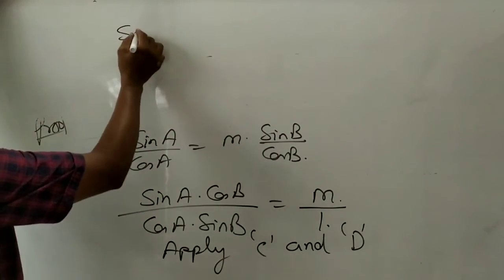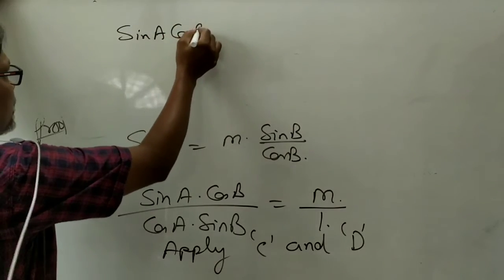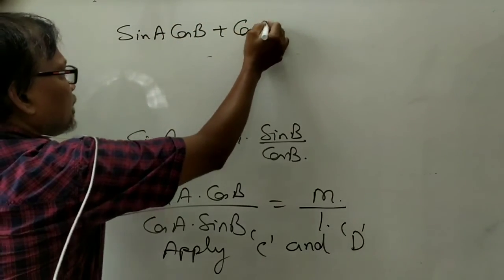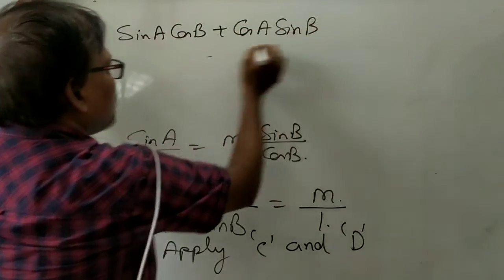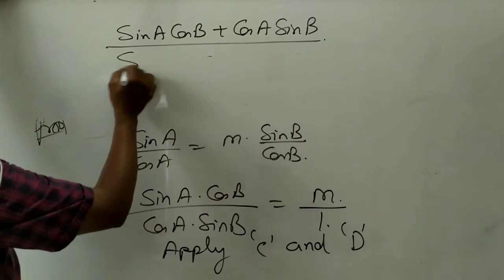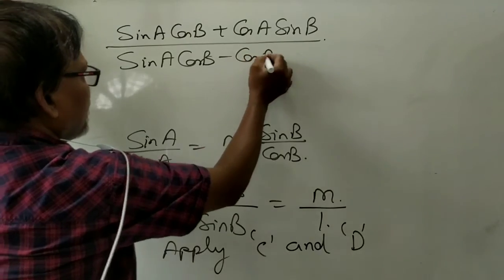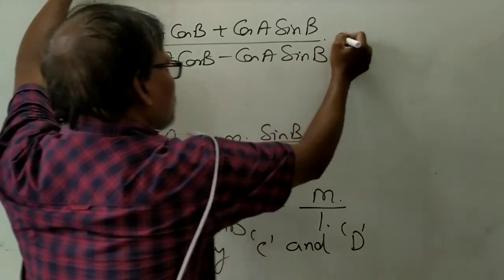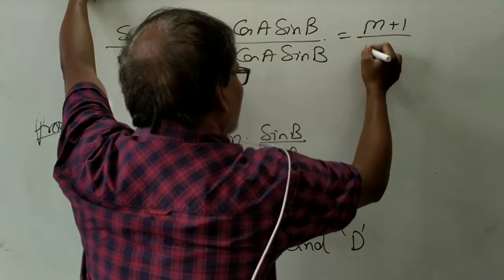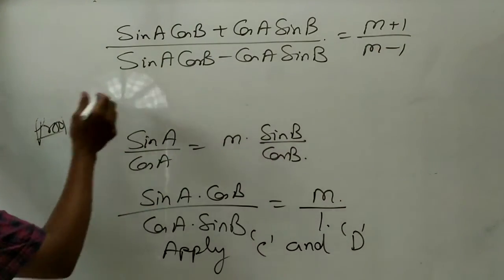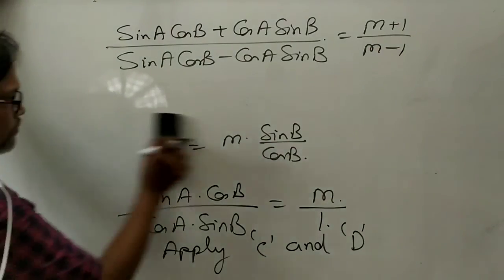Applying componendo and dividendo, sin A cos B plus cos A sin B whole upon sin A cos B minus cos A sin B. Do you know the formula for the numerator and denominator?